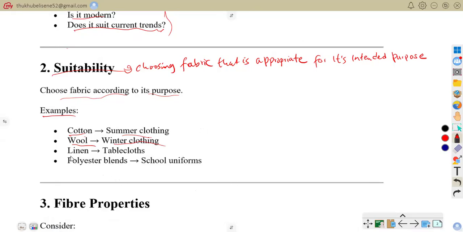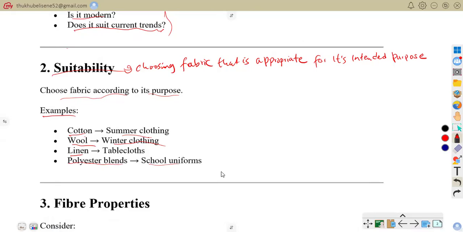Then we have linen, that is tablecloths. Linen is strong, attractive, and absorbs moisture well, making it suitable for table linen. For example, a linen tablecloth is often used for special family meals. Then we have polyester blends, when you can talk of school uniforms.